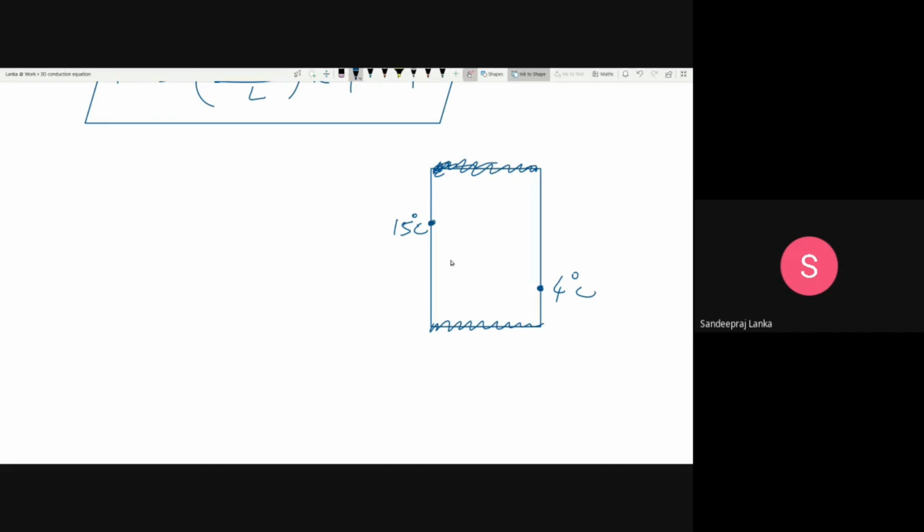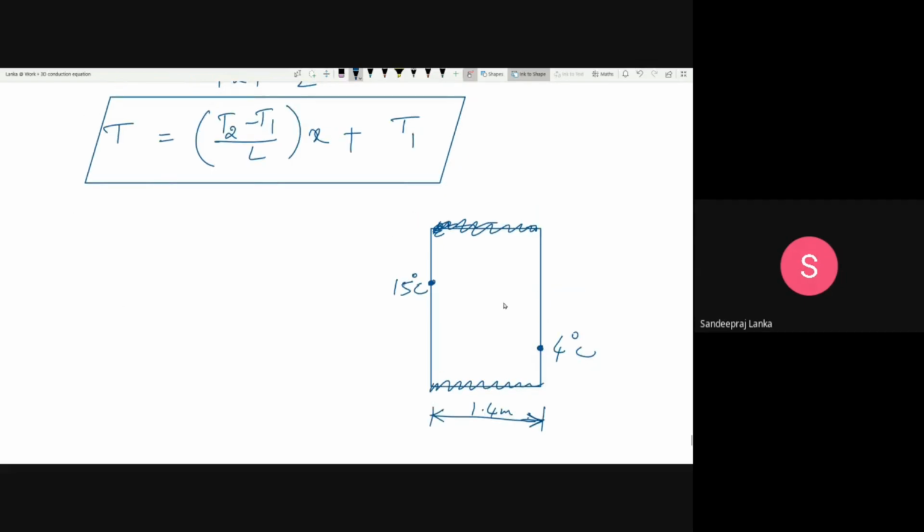If this is the case, and the thickness is 1.4 that we have taken. Anything you can take, one example is important here. So now, look at this. I can substitute T2, T1, and L. This is T1, this is T2, and L is there.